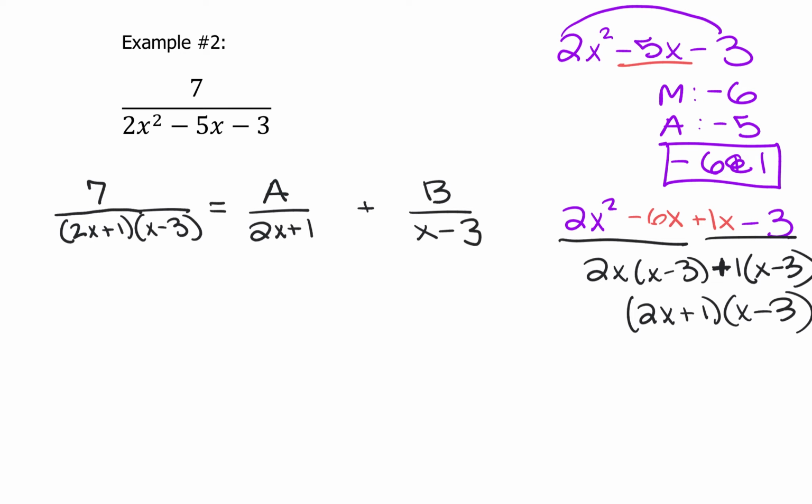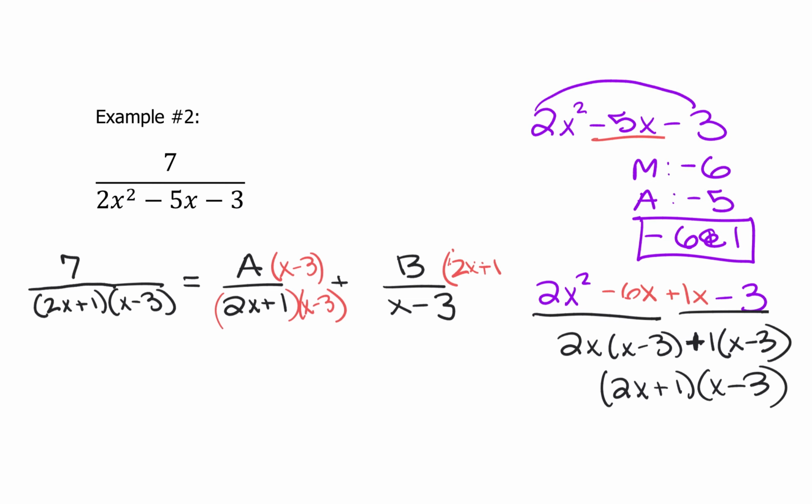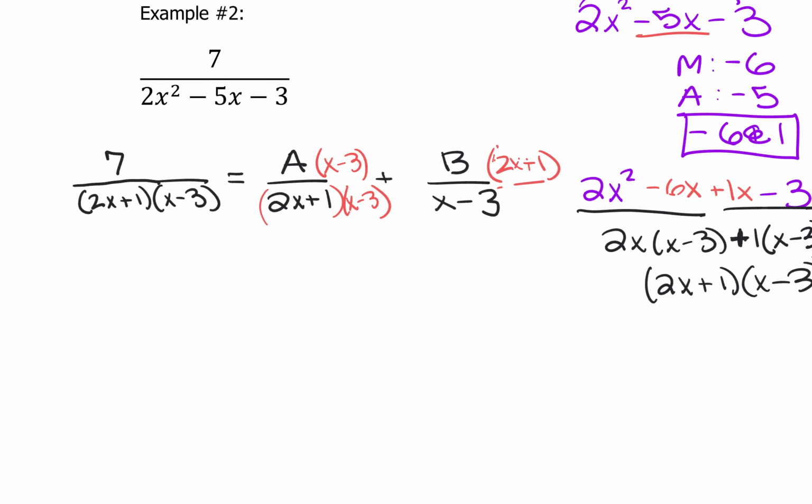Okay, up to you how we get to that linear equation. I'm just going to give this an x minus 3 over x minus 3 and a 2x plus 1 over 2x plus 1. Okay, so I want everyone to keep in mind, it's not that we're getting rid of the denominators, it's just that we're focusing on the numerator.